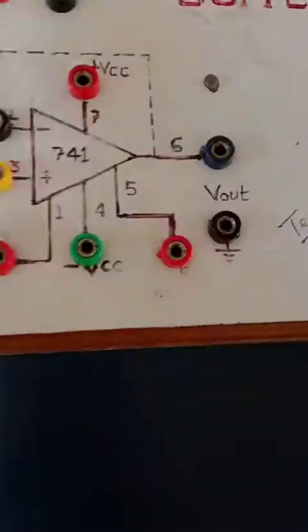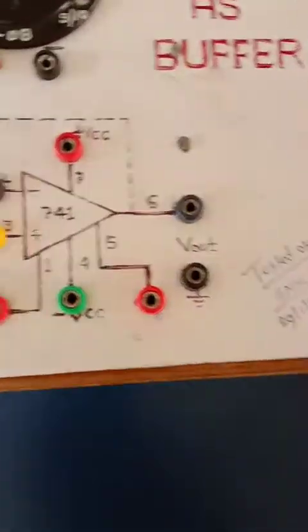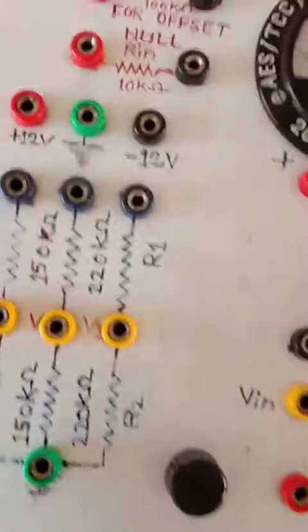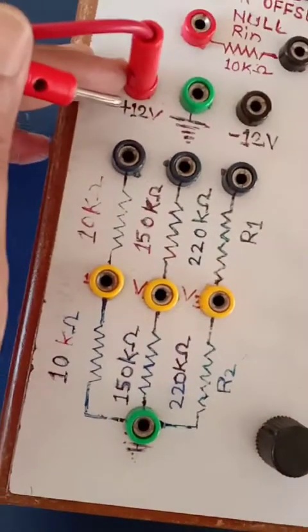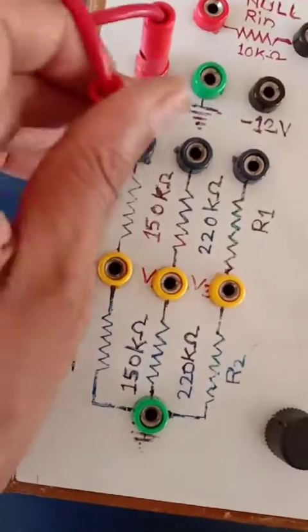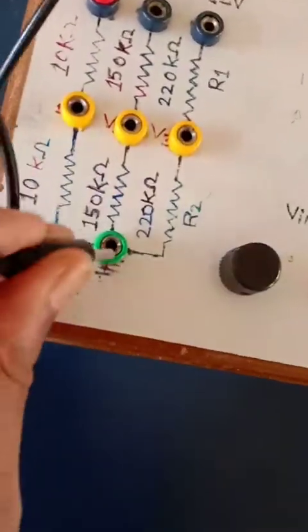Okay, so see here, first of all we apply plus 12 volt to this first voltage divider. I am connecting this plus 12 volt terminal to this first voltage divider. Then I am connecting ground to this ground terminal.